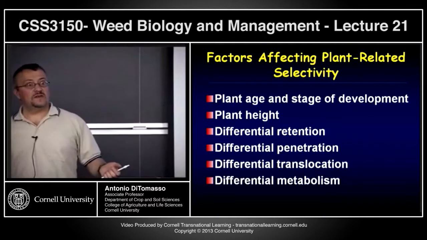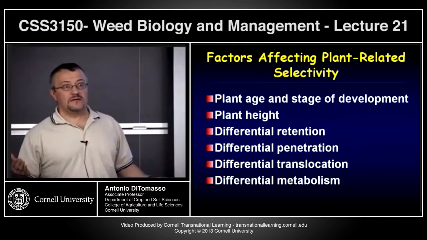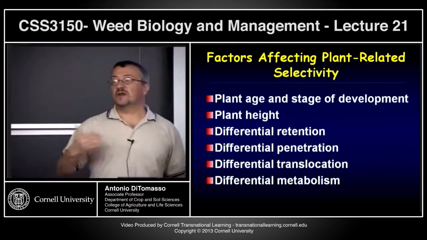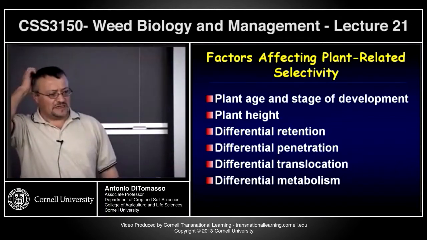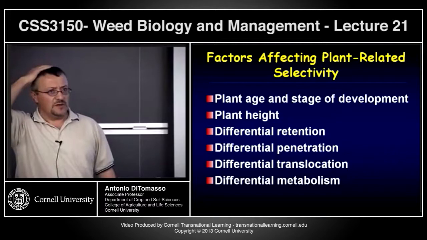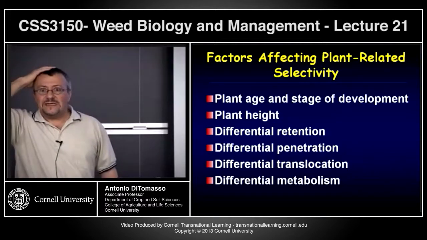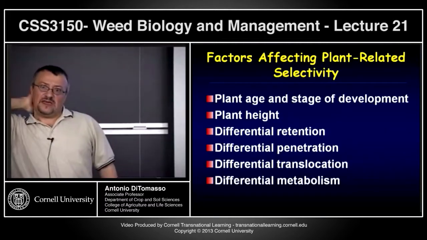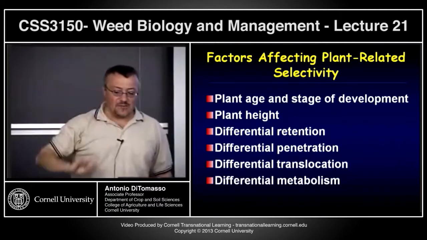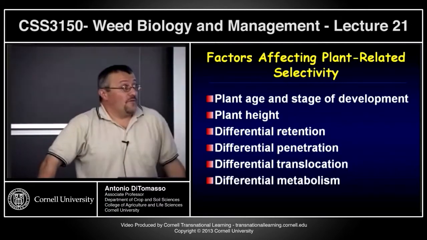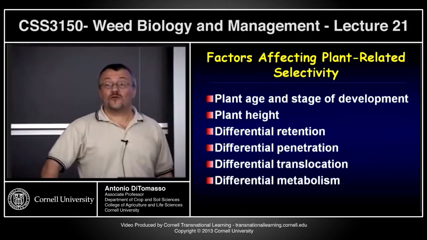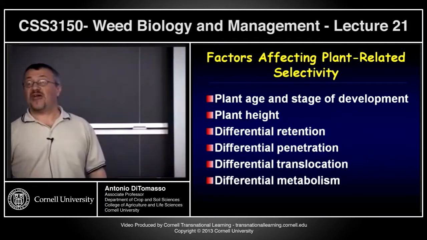Some herbicides are more easily translocated by certain weed species than others, or certain plant species. Okay? And again, I'll cover these in a little more detail. Just want to take you through the big picture. The reason 2,4-D, MCPA, and dicamba are able to affect the broadleaf weeds is, from a number of reasons, the grasses just don't translocate it as fast.